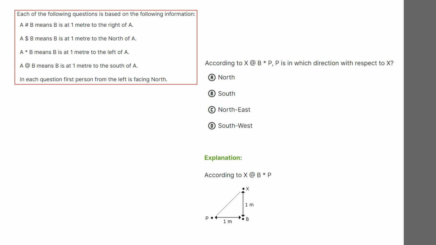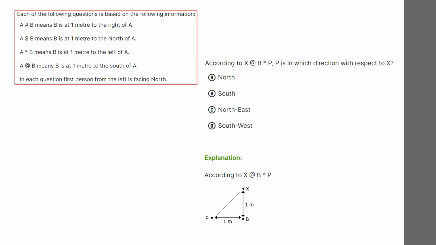So now the following questions are based on the given 4 points here. The first point indicates the symbol. The symbol between the two variables indicates one particular direction.